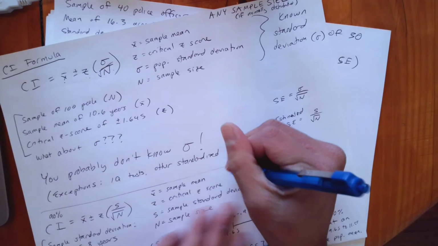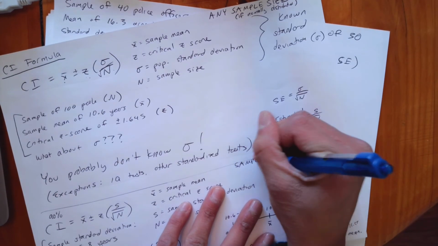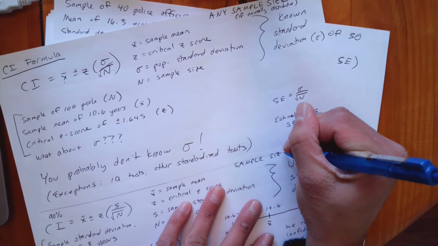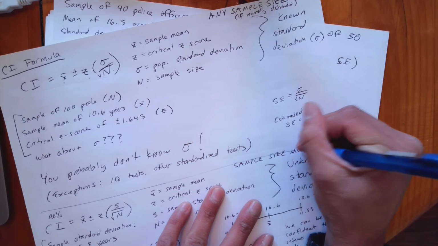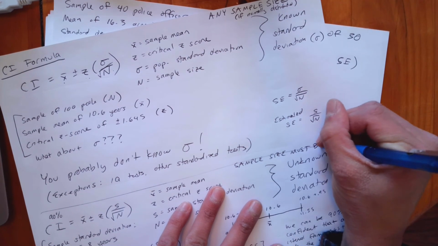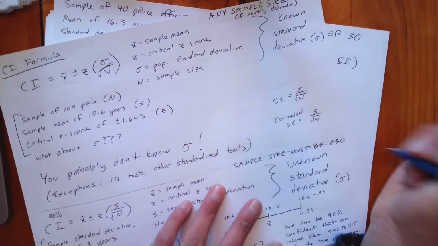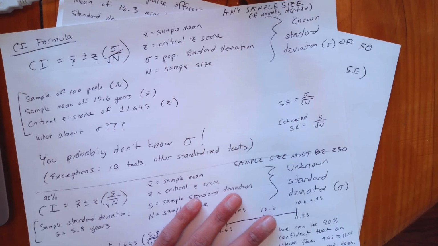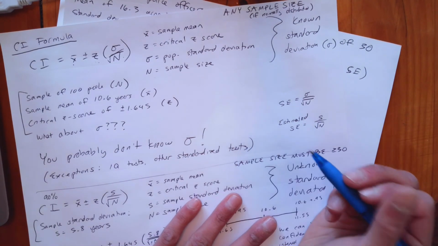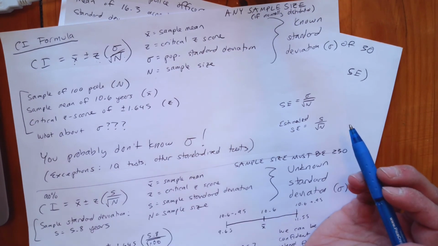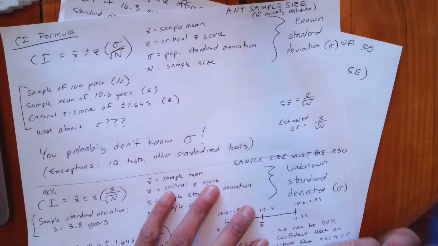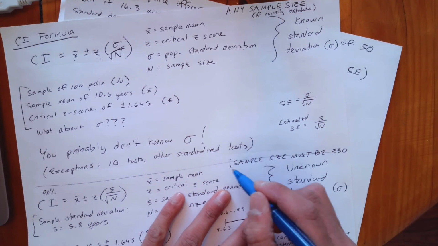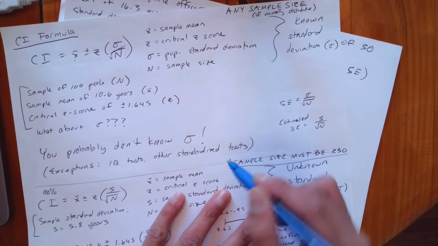And for this one, your sample size must be greater than 30 no matter what kind of variable you have. So even if you have a normally distributed variable, which normally would give us a normal distribution, for this one your sample size has to be greater than 30 no matter what.